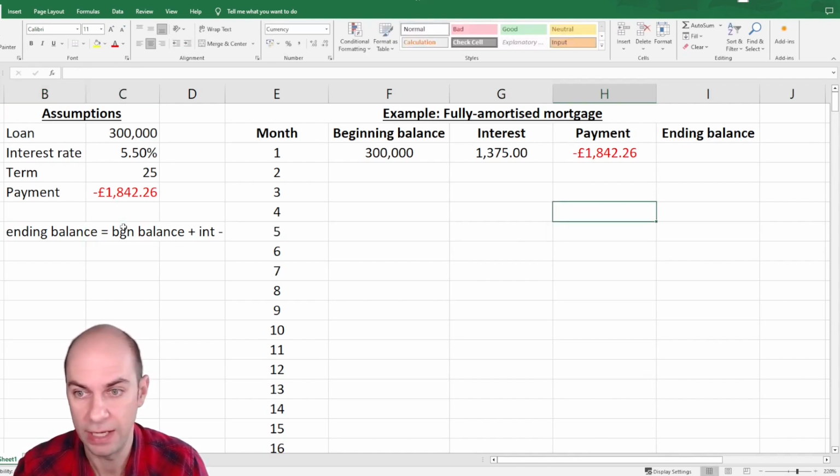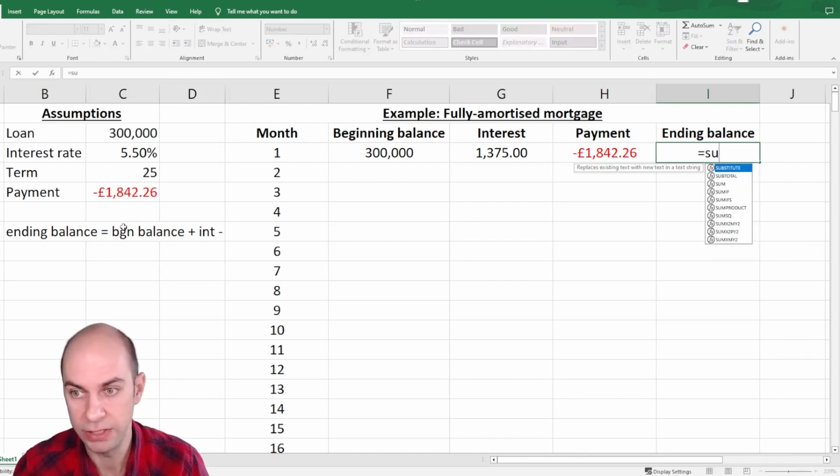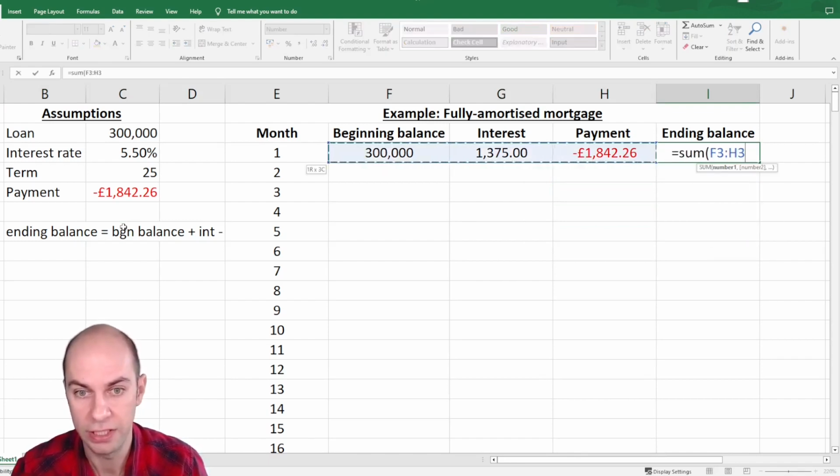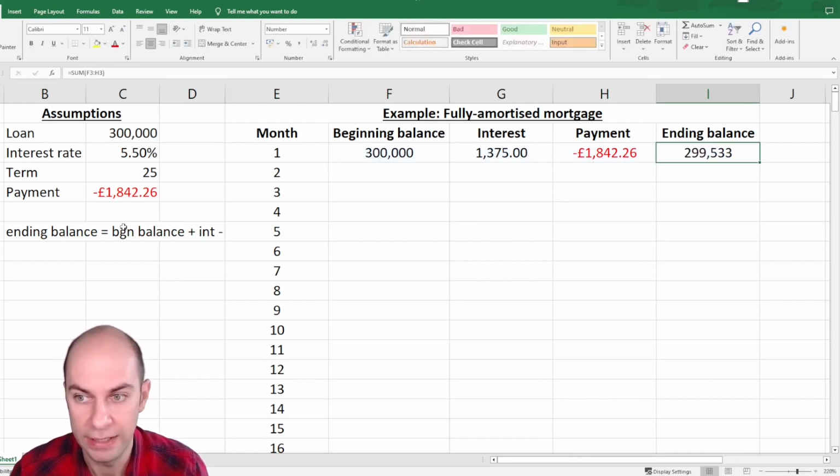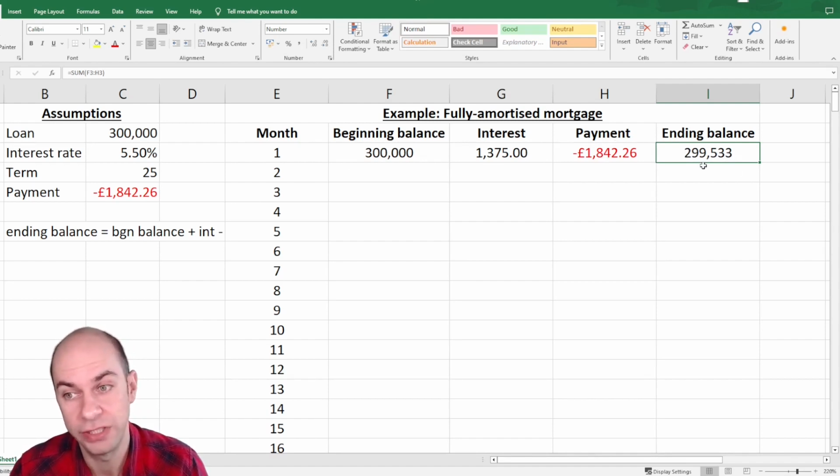So therefore, if I come here, I could simply use the sum function on these 3 values, and I've got my ending balance. As you can see here, I have repaid a tiny bit of interest, $467 in month 1. So out of that payment, $467 was actually principal.